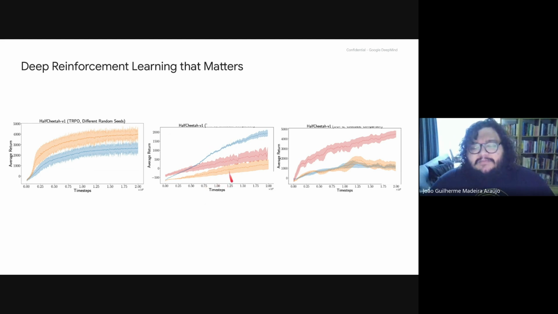Okay, for the second plot, what do you think is the difference? I will advance. Oh yeah, sorry. For the second plot, the difference is the code base.